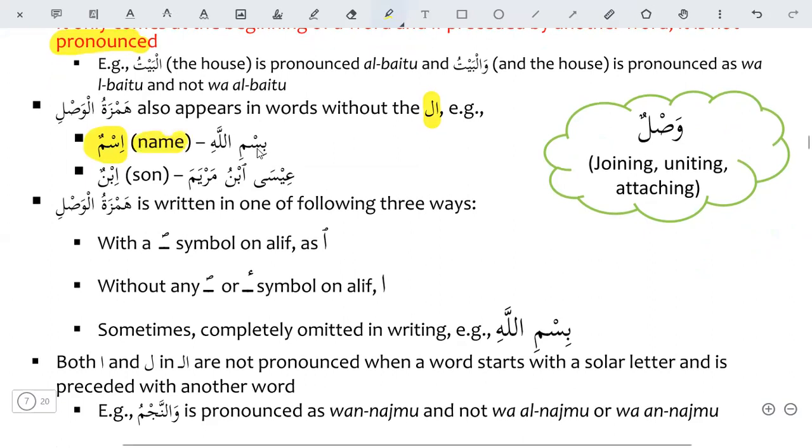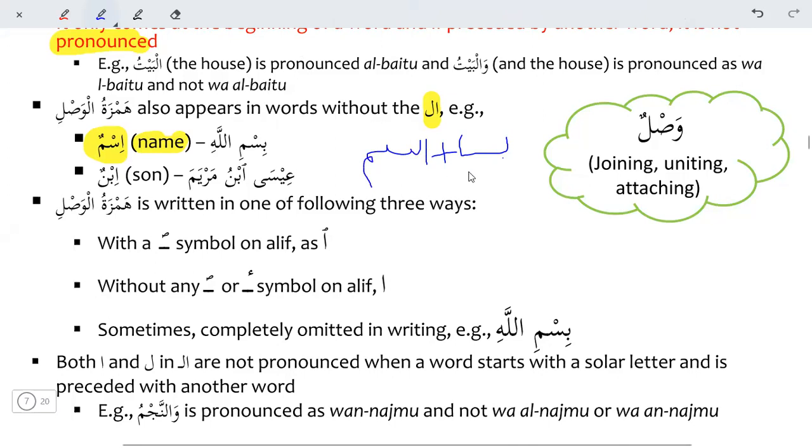Ismun means name. But when there is a preposition, like in Bismillah, we attach ba. Ba is a preposition, huruf jar. It means with. So this is ba plus ism.